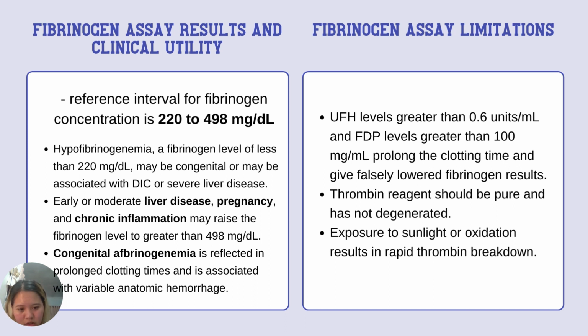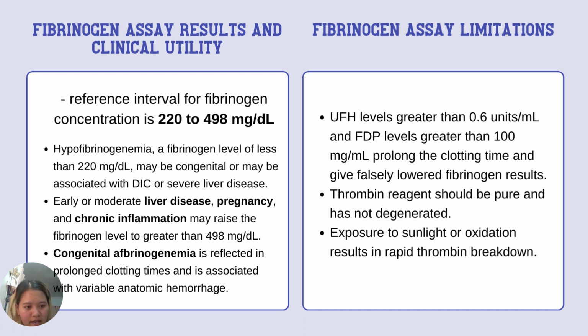Early or moderate liver disease, pregnancy, and chronic inflammation may raise the fibrinogen level to greater than 498 mg per dl. Congenital afibrinogenemia is reflected in prolonged clotting times and is associated with variable anatomic hemorrhage.